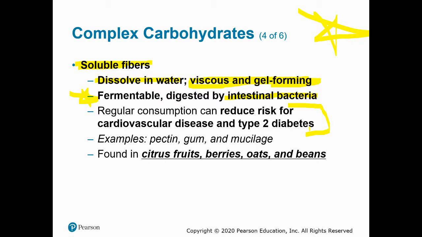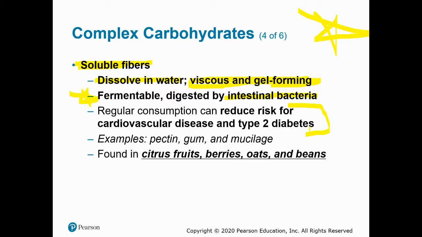We're going to learn a lot more about cholesterol and saturated fat as they relate to cardiovascular disease in chapter 5. But soluble fibers' job is to basically bind everything in the colon and package it nicely, so that when you have a bowel movement, you have this nice stuck together piece of stool. It's soluble fiber that holds everything together.